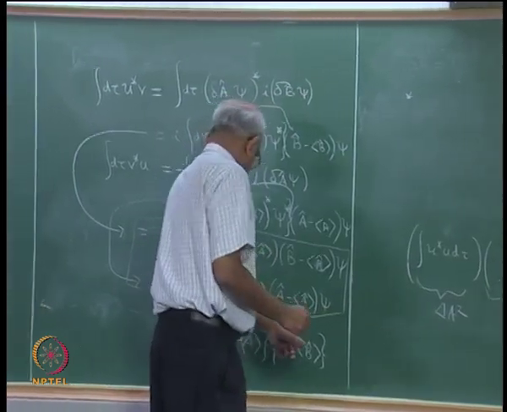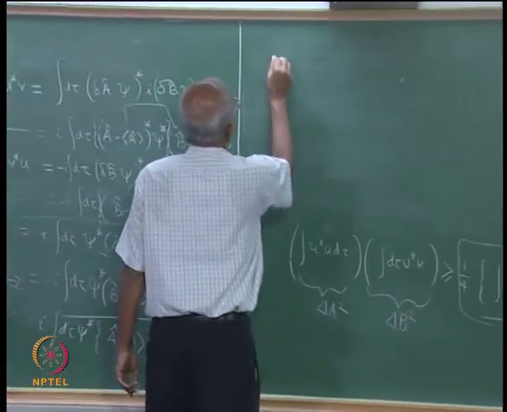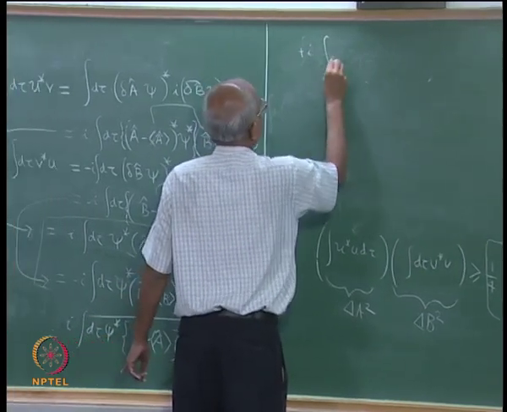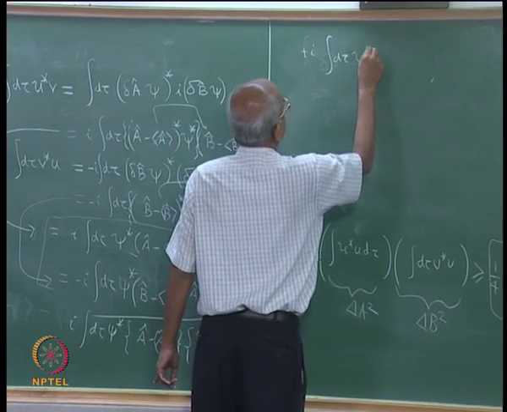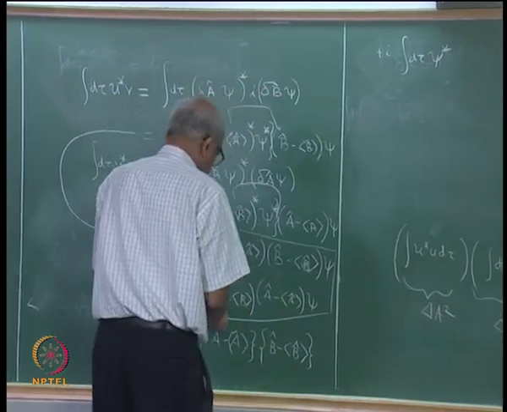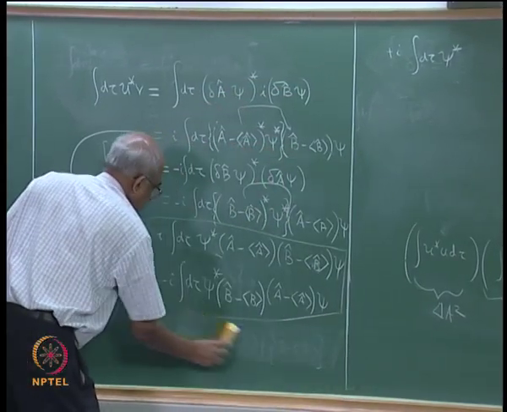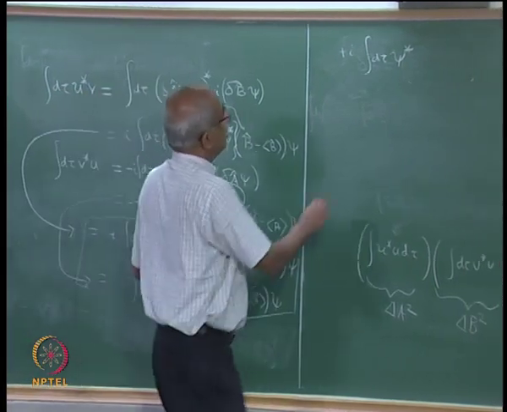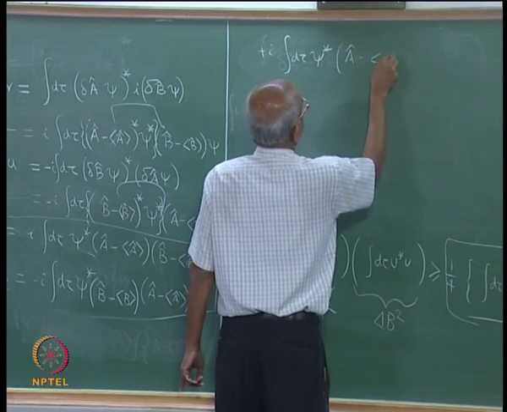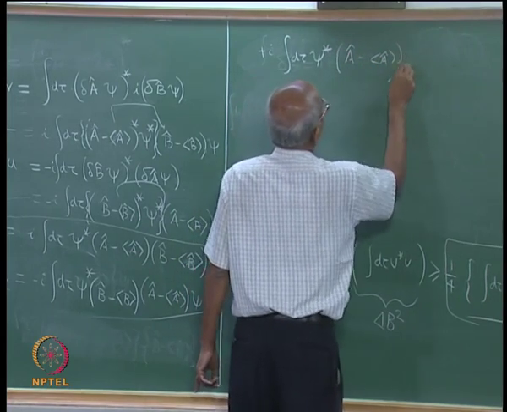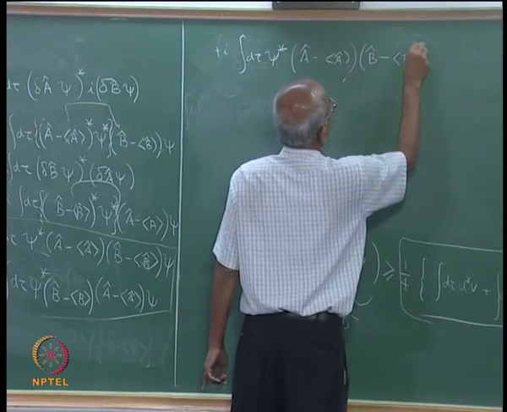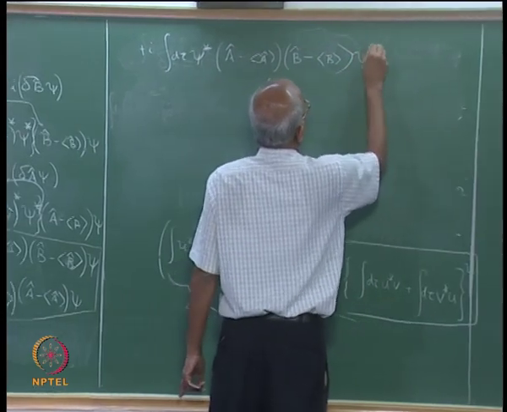I will write this term once more. The first term is actually i times the integral d tau psi star (a minus expectation value of a) into (b minus expectation value of b) operating upon psi.